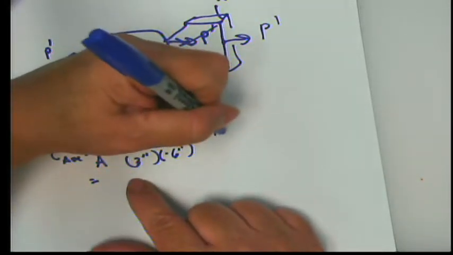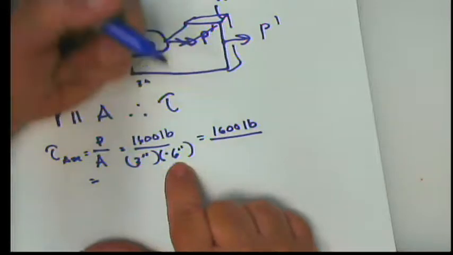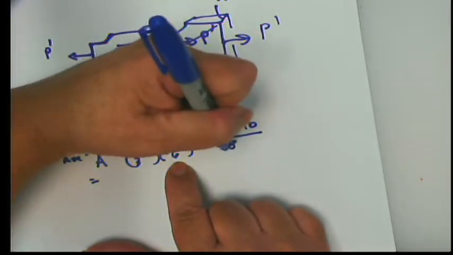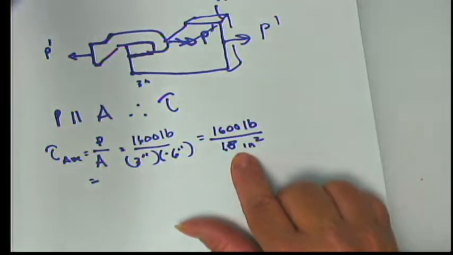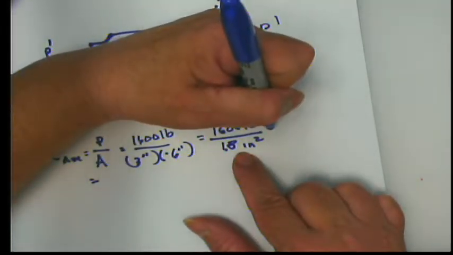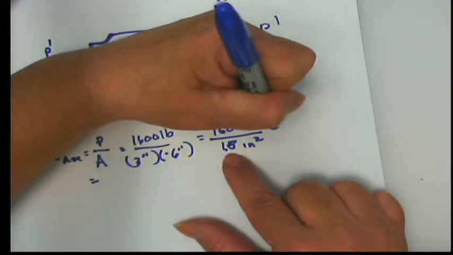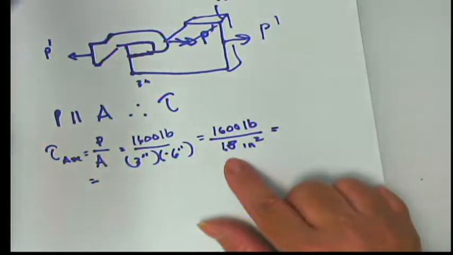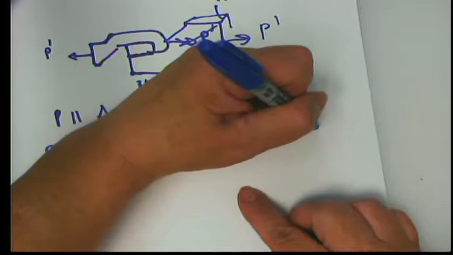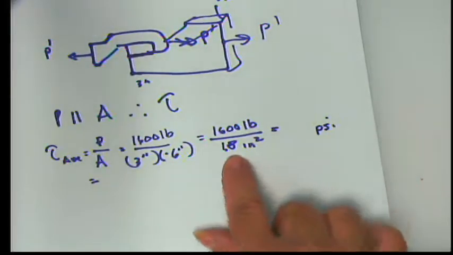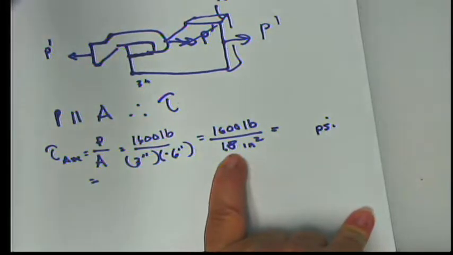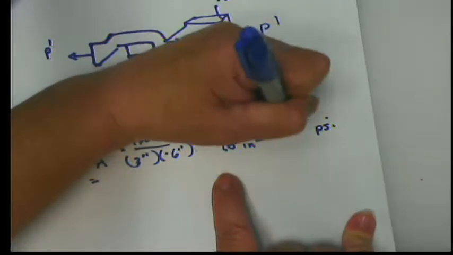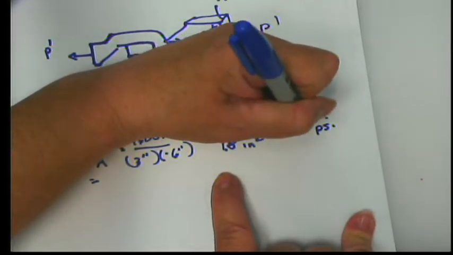So we get 1,600 pounds over 6 times 3 is 18 with a decimal point, 1.8 inches squared. So we have 1,600 pounds over 1.8 inches squared, which is, what, 80 psi or something like that? If I take 1,600 and divide it by 1.8, it'll be like 800, 600, I don't know. Somebody's going to have to tell me. 888. Thank you. 888 psi.